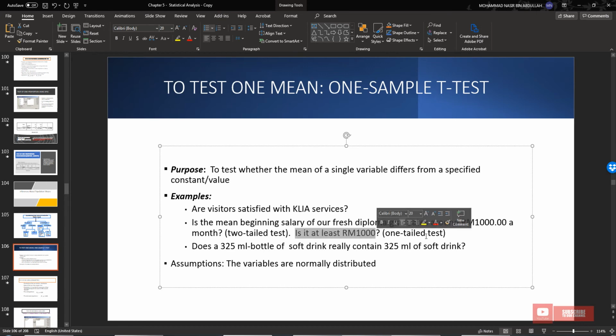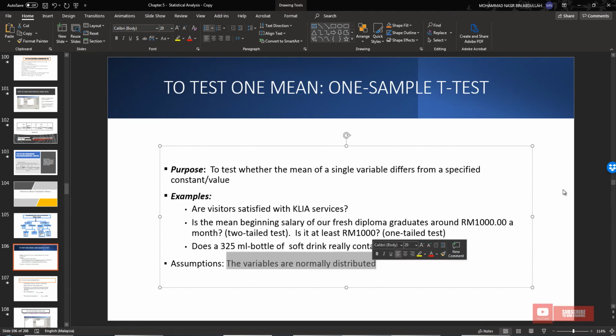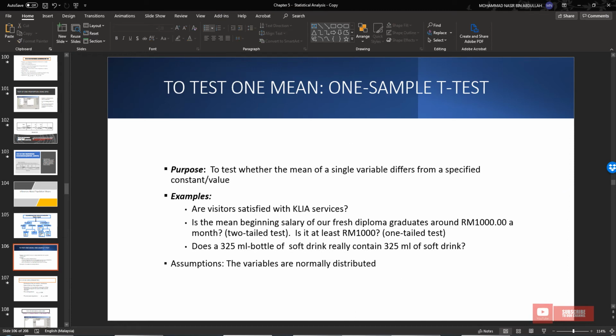This is a one-tail test. So we're going to test the hypothesis, equal to 1,000 or more than 1,000. The assumption is that the variable should be normally distributed. If the variable is not normally distributed, you can use a non-parametric test. If the variable is normally distributed, you use a parametric test.